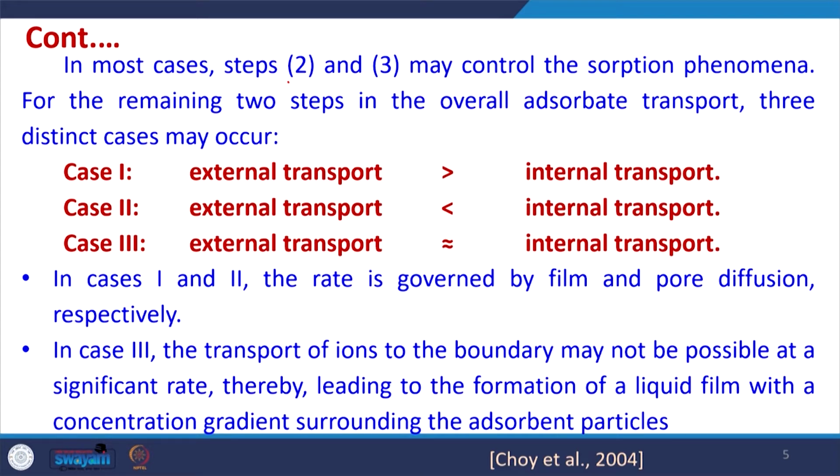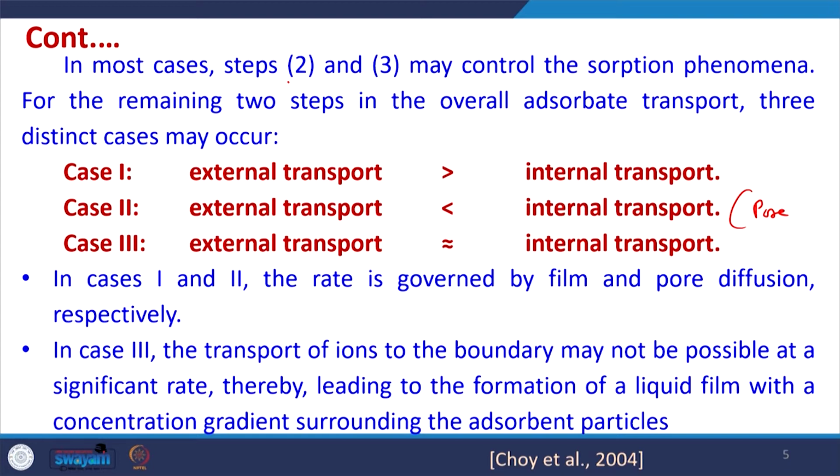Second case, the external transport is slower as compared to internal transport. So, that is possible. So, pore diffusion may be the rate controlling step, and in some cases both are similar in condition. So, it is possible.